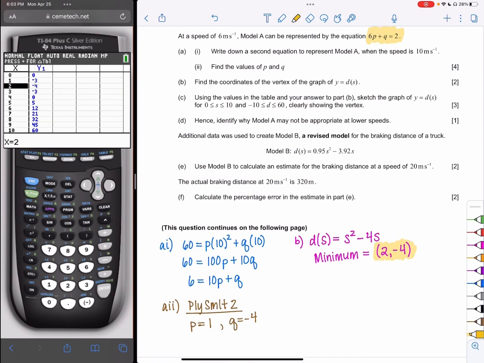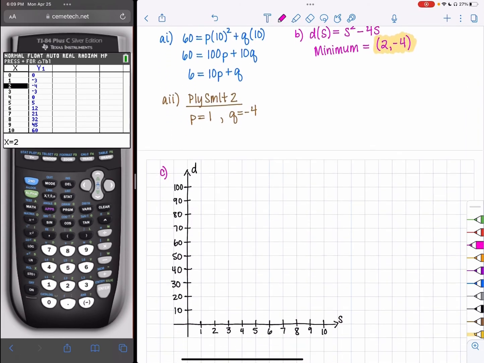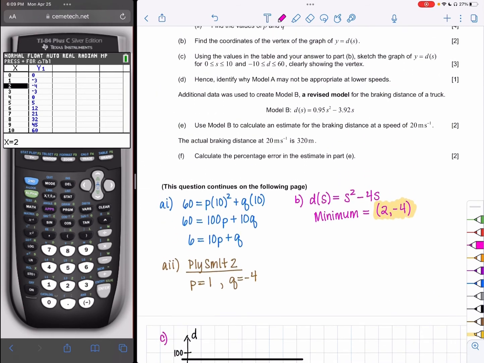So I am going to insert some graph paper here. Once you graph it on graph paper, you need to create your axes and you need to scale it. Remember, it said that we are focusing on the S values from 0 to 10.